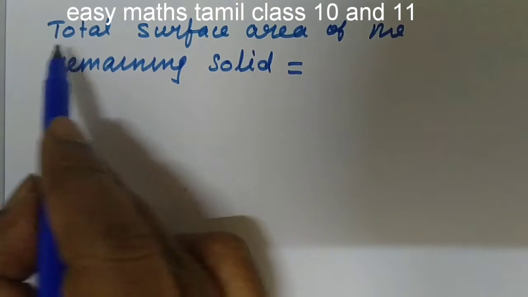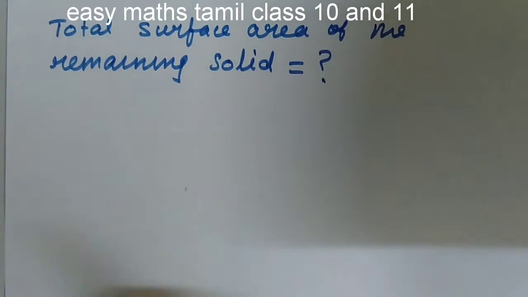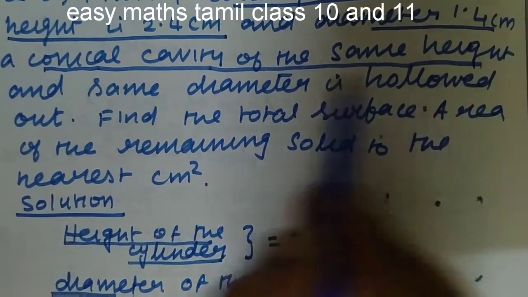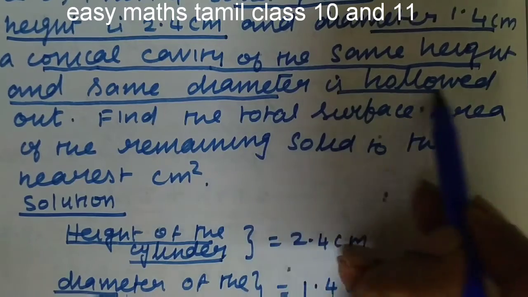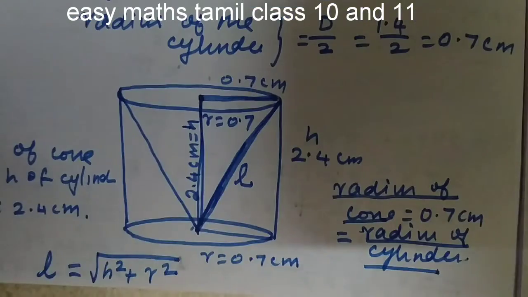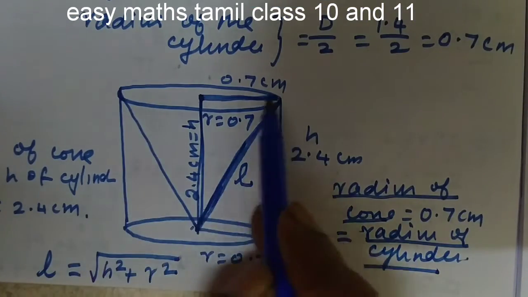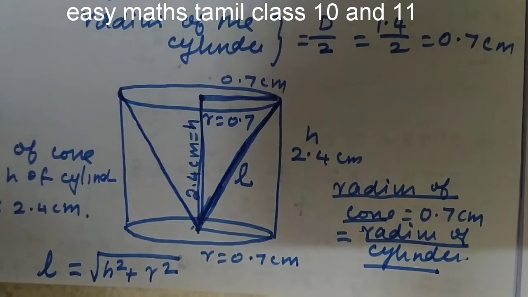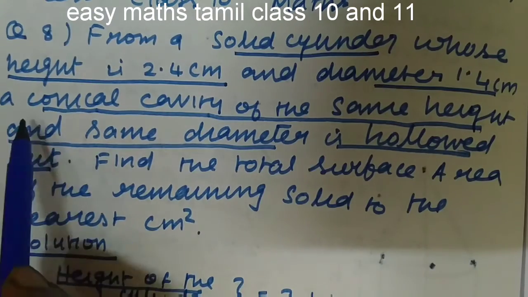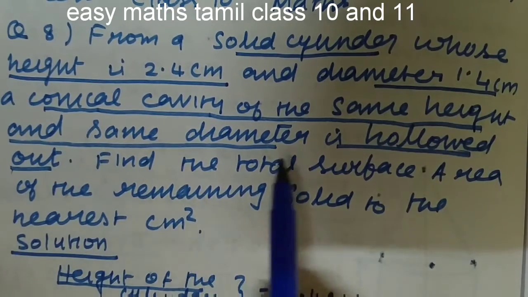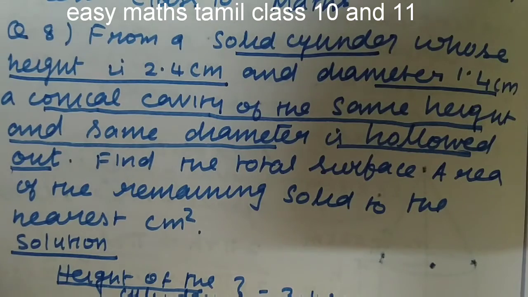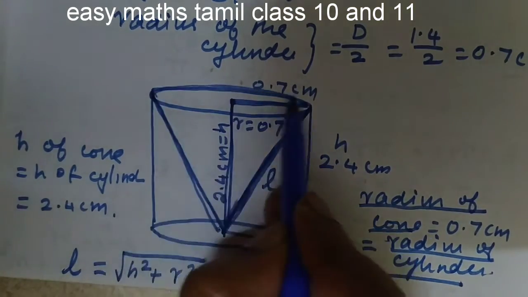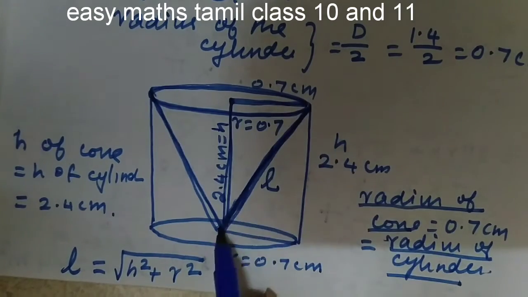To calculate the total surface area of the remaining solid. Conical cavity of same height and same diameter is hollowed out, which means remove this conical part from this solid.